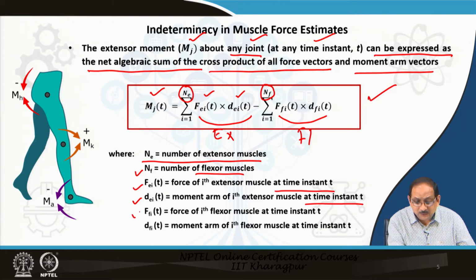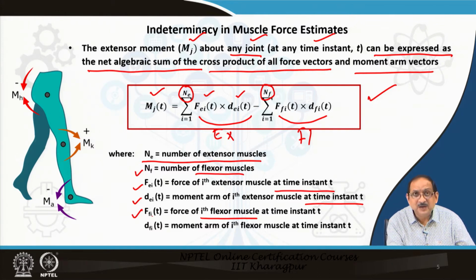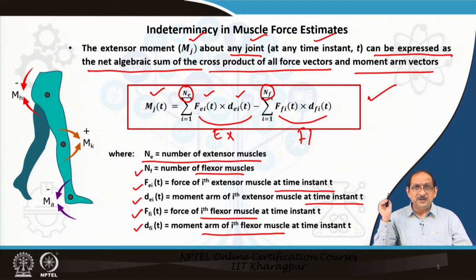Similarly, the force in the ith flexor muscle is represented by Ffi, and the corresponding moment arm of the muscle at any time instant t is given by Dfi.